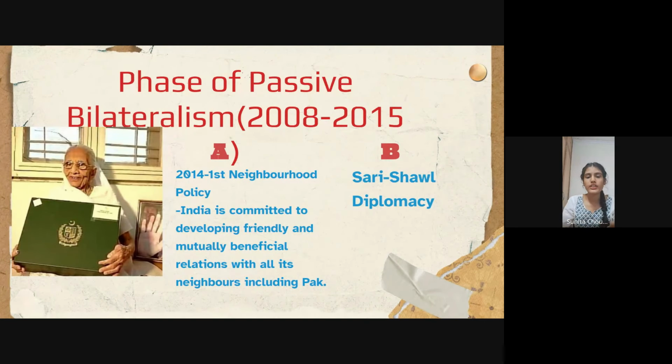And as per this policy, India is committed to developing friendly and mutually beneficial relations with all its neighborhood, even including Pakistan.